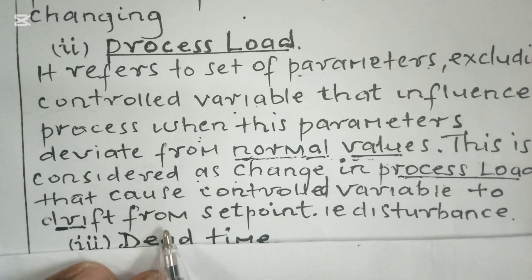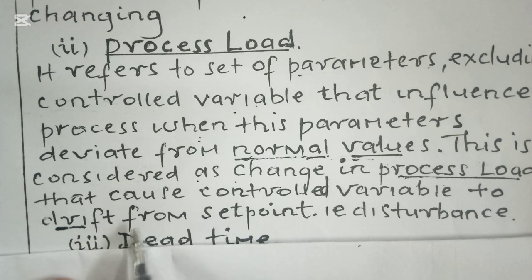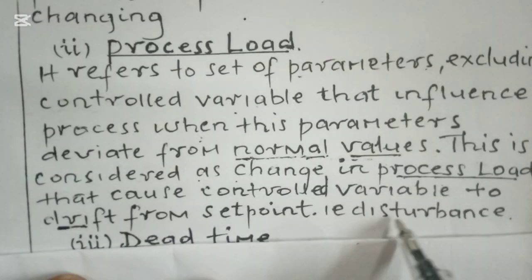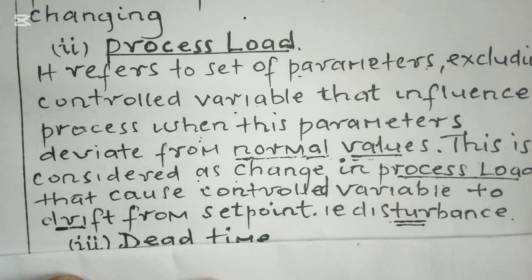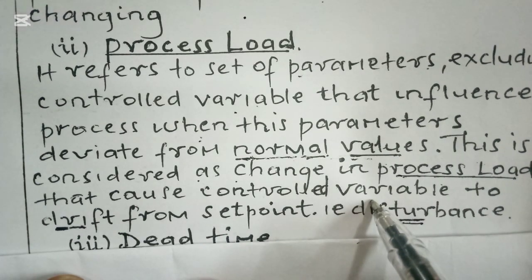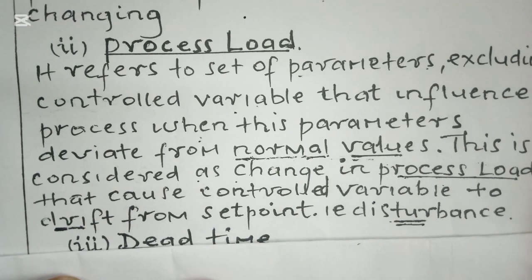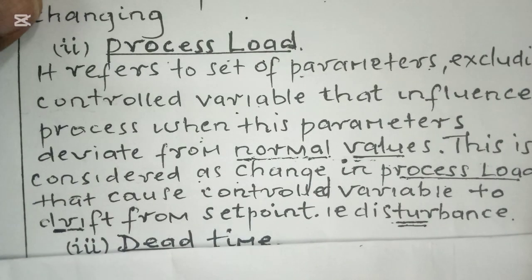If there are waves, the ship will drift from its set direction, and therefore this is what we are now calling disturbance. It comes about to affect the system in an adverse manner. And this is what we are calling the process load. So guys, that is the process load.